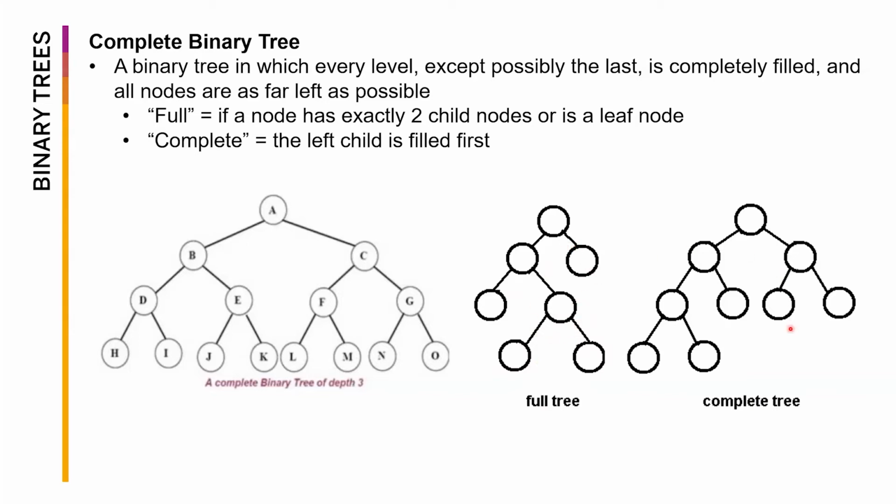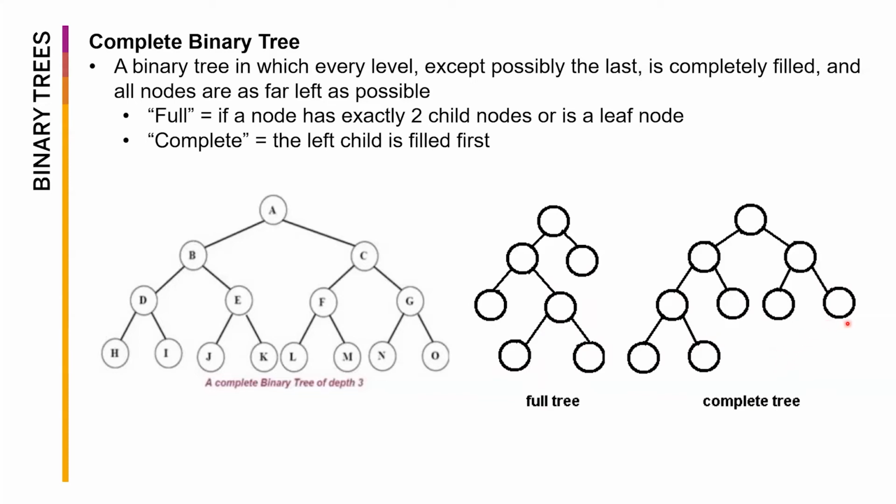On the other hand, here, we can see that the leftmost child has children. But the other nodes to the right don't have any children. So that's okay. This is still considered a full and complete tree.